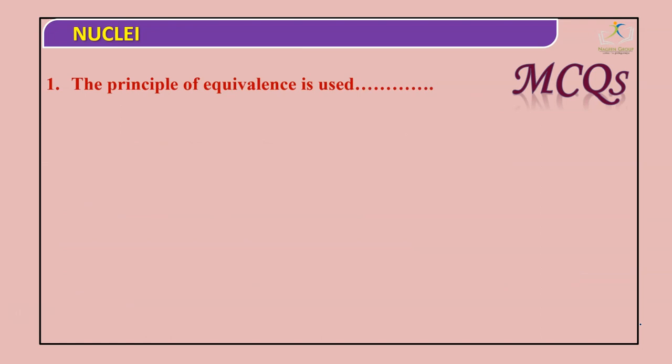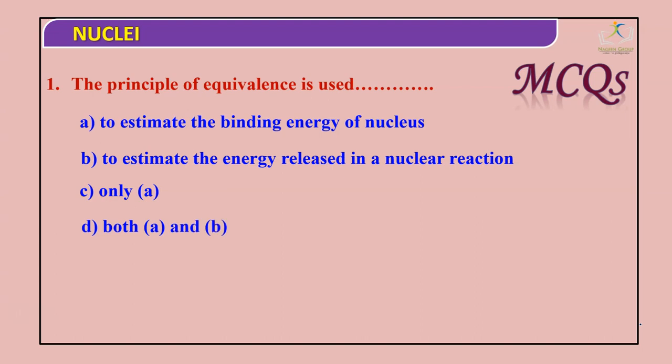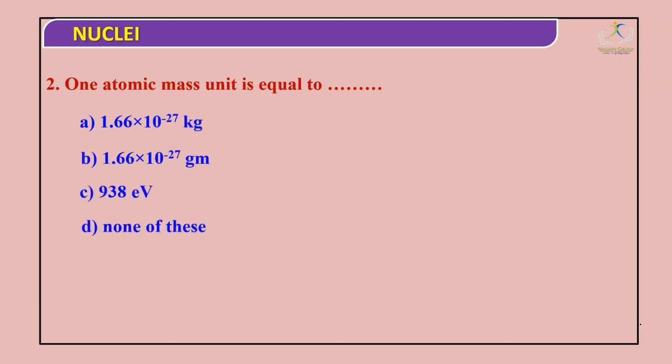Now let us move to some questions so that we can understand whether you have understood what I just taught you or not. First question: the principle of equivalence is used, option one, to estimate the binding energy of the nucleus; to estimate the energy released in the nuclear reaction; only A; both A and B. The correct answer for this question is both A and B. Next question: one atomic mass unit is equal to, and we have these options.